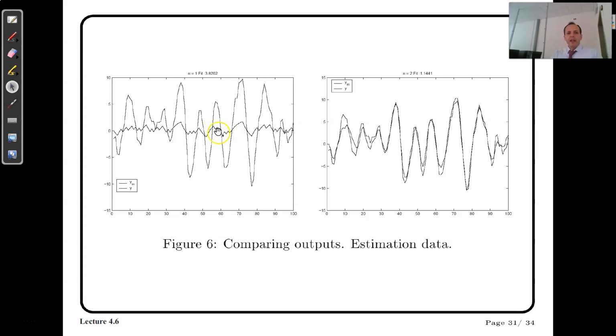And also you can see here there is a comparison of the simulated output and the predicted. You can see here that the result is very poor because the simulated output, this should be the simulated of the model, and this should be the real output.